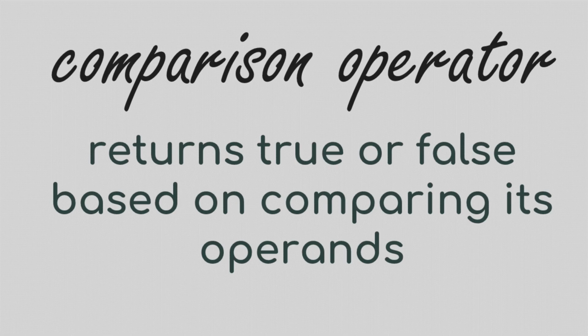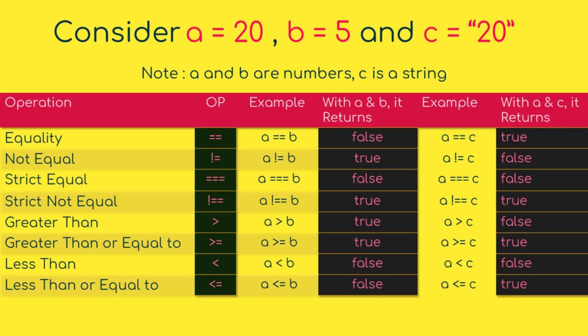Comparison operators are the ones that return true or false based on comparing its operands. Given here is the list of various comparison operators with examples. In JavaScript, we have normal equal to operator as well as strict equal operator. The normal equality operator attempts to convert the values of different type and compare operands.